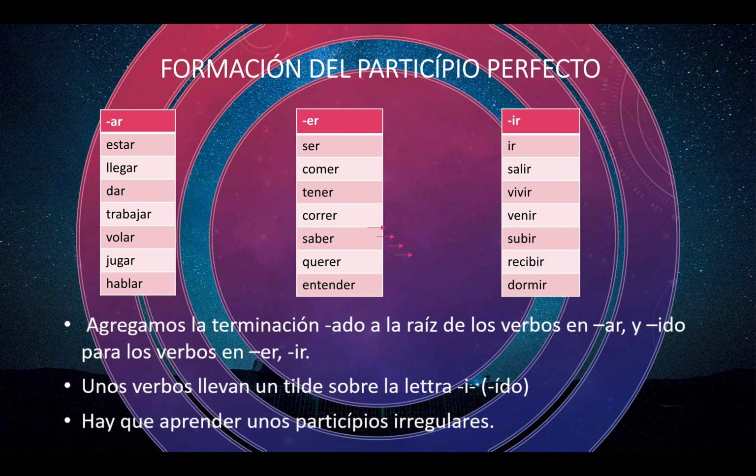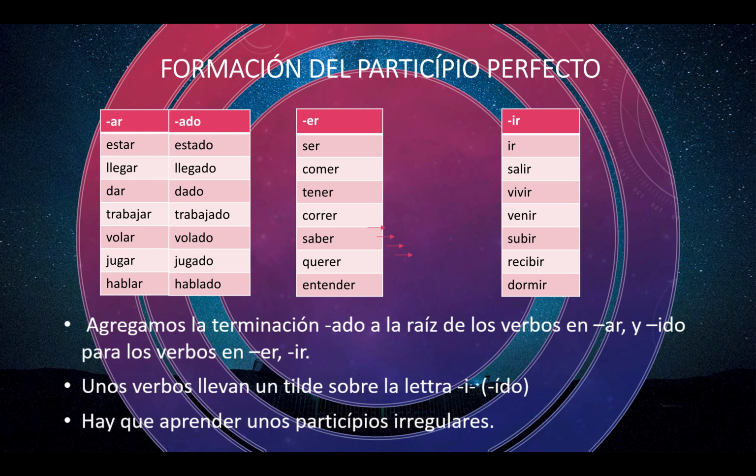So we'll add that to the root of any AR verb, and then ido will be added to the ER and IR verbs. Here's an example: estar, estado; llegar, llegado; dar, dado; trabajar, trabajado. Okay, so this means to be, been; to arrive, arrived; to give, given; to work, worked, etc.